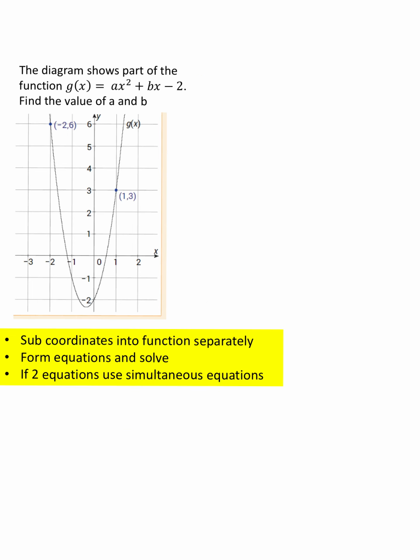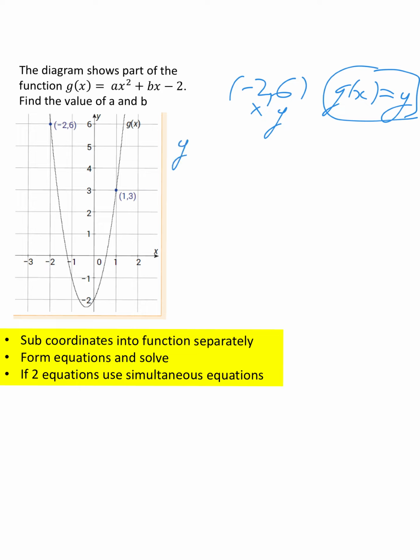Okay, let's have a look at one involving a quadratic. Again, we're going to do this the exact same way. We have two coordinates, (-2, 6) and (1, 3), and let's put those into the equation of g of x. So for (-2, 6), that's x, that's y. For g of x, remember that g of x is the same as y, just in case you've forgotten that.